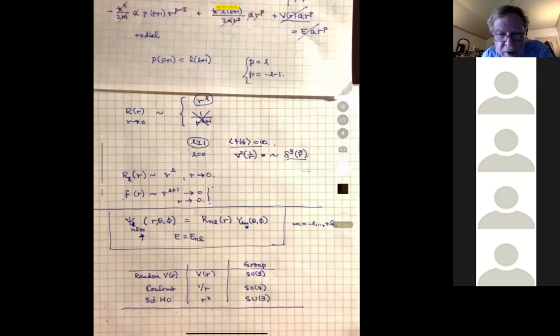systematic degeneracies are caused by symmetries, and vice versa. Symmetries cause systematic degeneracies. And so symmetries is an important theme of the course, and degeneracies are a clue to the existence of symmetries. This, by the way, has played a role in the history of physics.